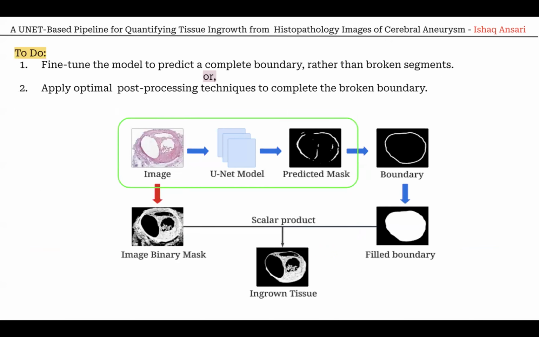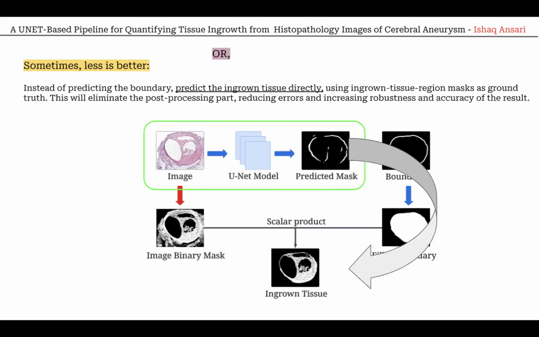The to-dos are to fine-tune the model to predict a complete boundary rather than broken segments, and second, to apply optimal post-processing techniques to complete the broken boundaries. We are also proposing to use the incongruent tissue as the mask directly and predict the incongruent tissue by eliminating these post-processing steps.